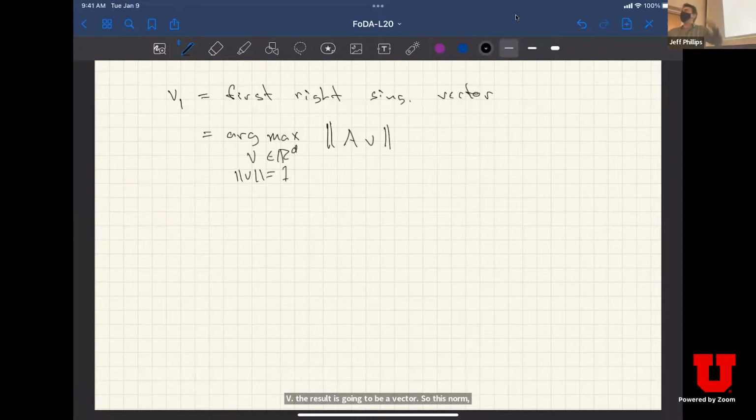I always use the 2 norm, but I don't say anything, and I want to maximize this. So I want to find the direction which has the most variation in A.